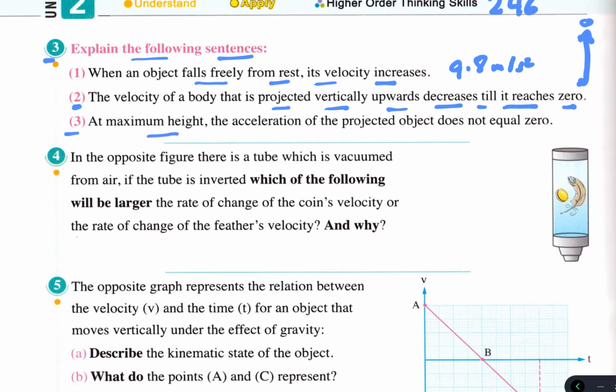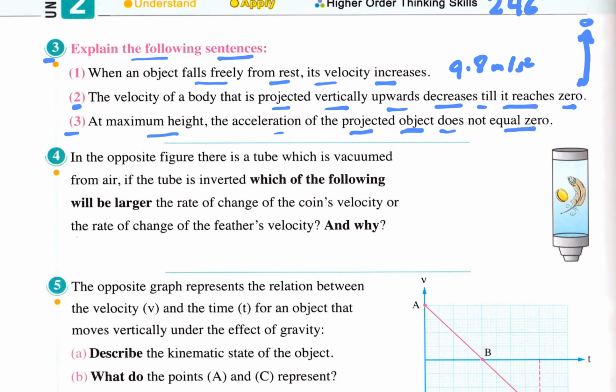Let's go to number 3. At maximum height, the acceleration of the projected object doesn't equal 0. You know what 0 acceleration means? 0 acceleration means constant velocity, and that does not happen.